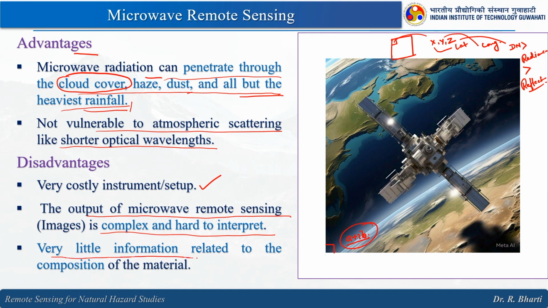Very little information related to the composition of the material, that I already mentioned, that in microwave remote sensing we have different type of information rather than only looking for the composition. If you are interested in composition, you should go for optical remote sensing. But if you are bothered about the subsurface information or soil moisture kind of information, then you are supposed to use this microwave remote sensing data.